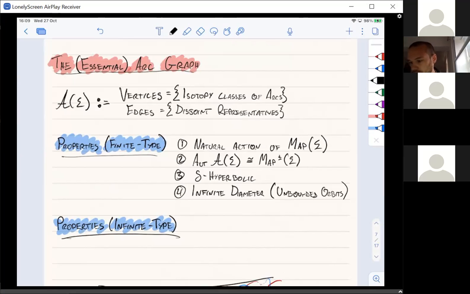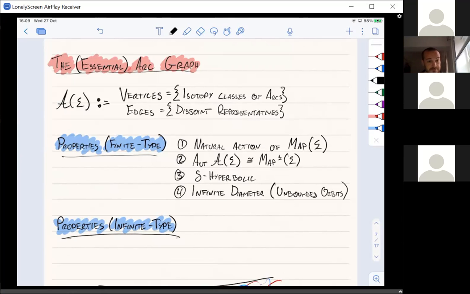This is seen quite a lot in the study of mapping class groups of finite type surfaces. There are lots of graphs built this way, where the vertices are the isotopy classes of arcs, similar to the curve graph, and the edges are between two arcs that have disjoint representatives.